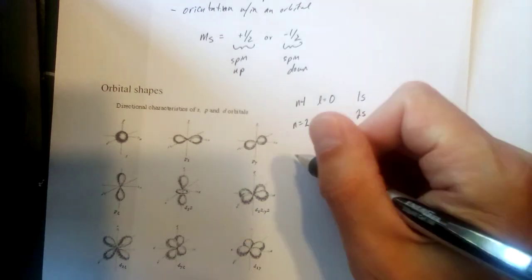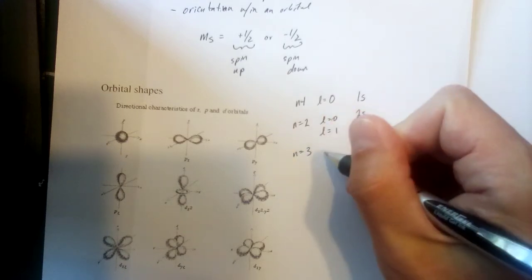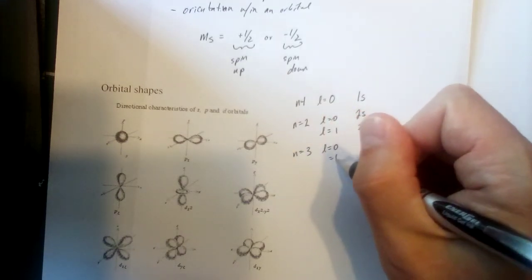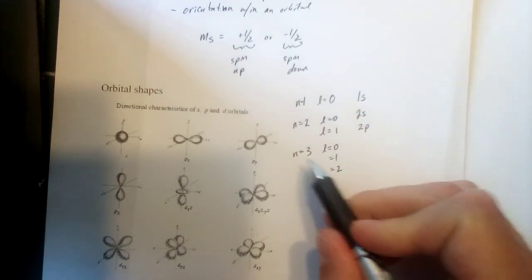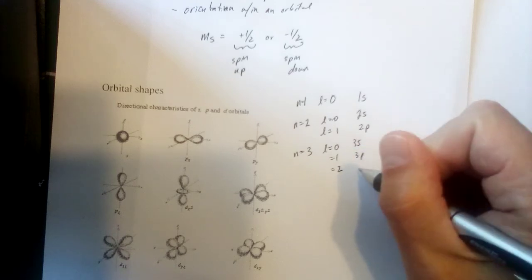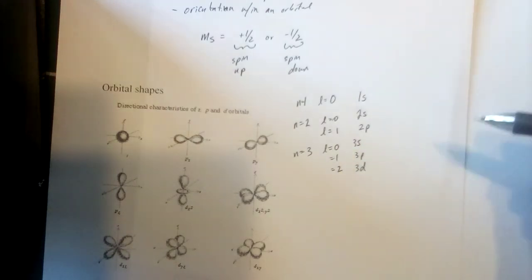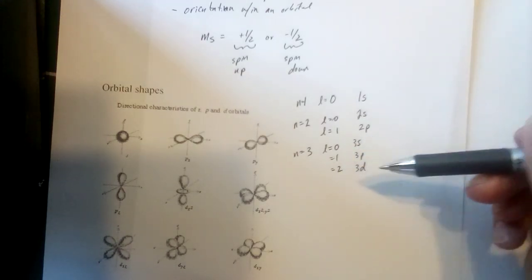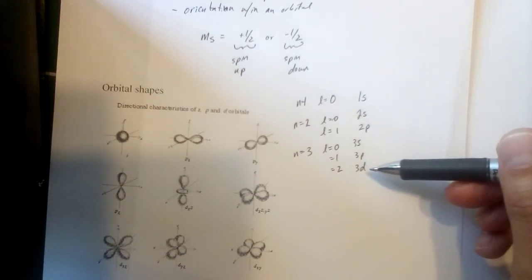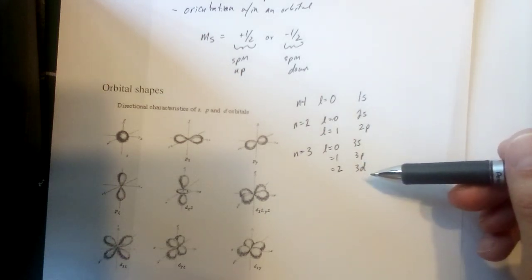In the third energy level, there will be a sublevel with L equals 0, one with L equals 1, one with L equals 2. So in the third energy level, there'll be a 3s sublevel, a 3p sublevel, and a 3d sublevel. 2 electrons can go in the 3s, 6 electrons can go in the 3p, 10 electrons can go in the 3d, right?